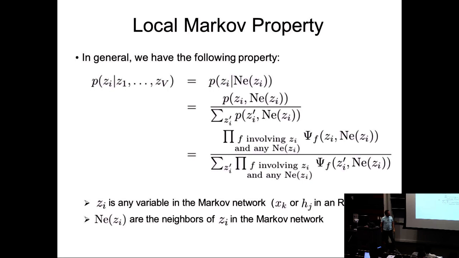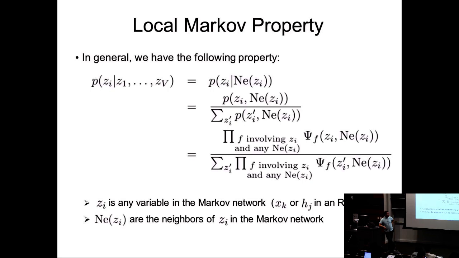And you can say, well, what's the joint? The joint is the product of all the factors involving zi and any of the neighbors of zi. The marginal is the same product, but you're marginalizing over the states of zi. In our case, zi's are going to be Bernoulli random variables, so whenever you sum over zi, you're summing over two things: when zi takes value 1 and when zi takes value 0.